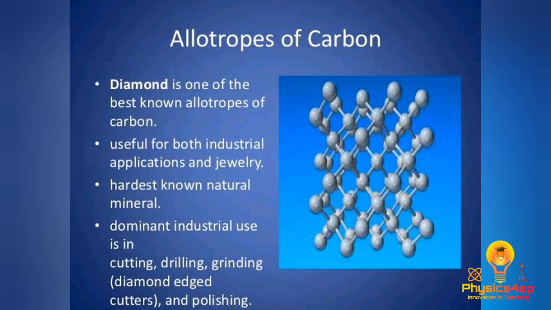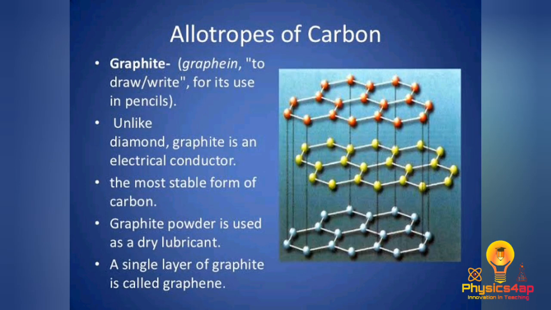And next, coming to the allotrope graphite. As we know, it is used in the pencil, and it is not like a diamond. Diamond is a non-conductor, but graphite is a conductor, and it has sp2 hybridization. It has a pi bond between one layer and another layer, so it can easily be broken over here.